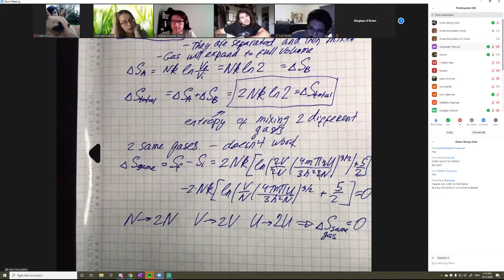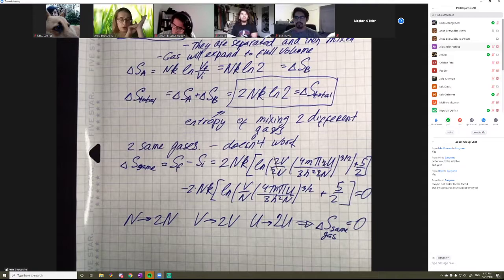So it is very important to account for the indistinguishability of gas molecules. We use the 1 over N factorial when we derive the equation. If we have distinguishable gases, you can see the results will be totally different.